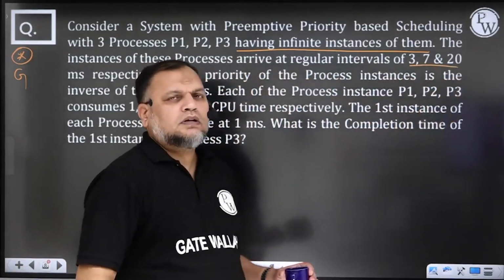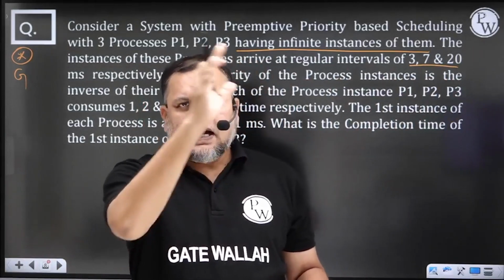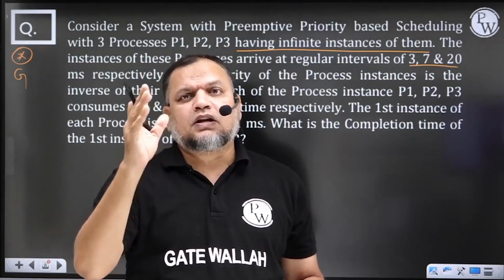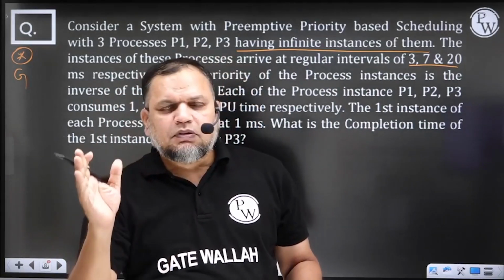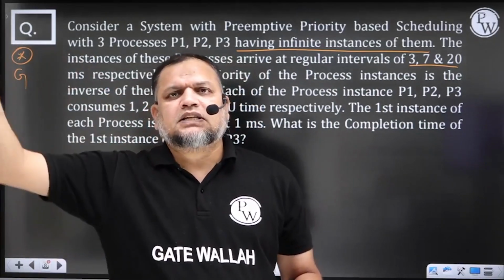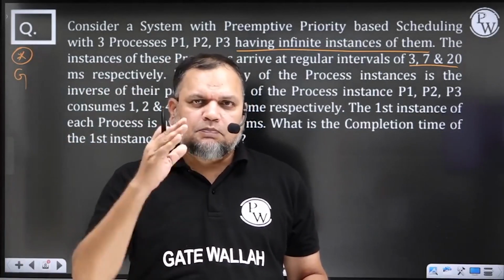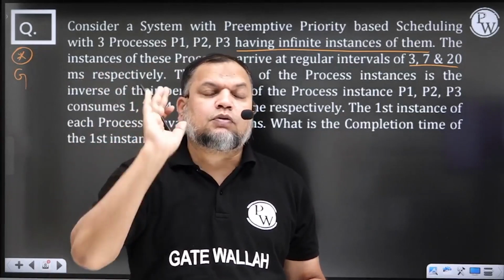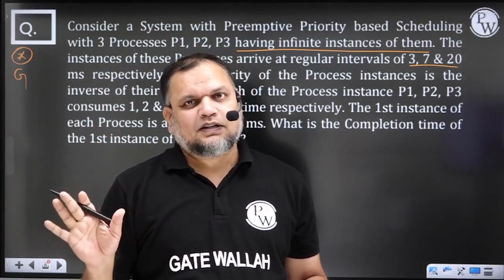That means starting from the first instance, at regular intervals of 3 units P1 comes. Imagine if P1 comes at 0, the next instance comes at 3, next at 6, 9, 12, 15. The period of arrival of the next instance is 3 for P1, 7 for P2, 20 for P3. Got it? That's the meaning.